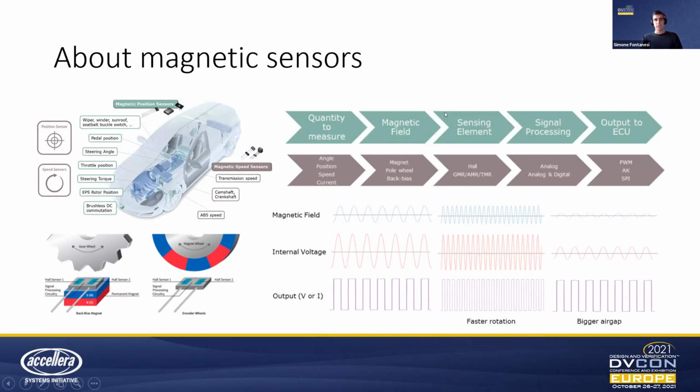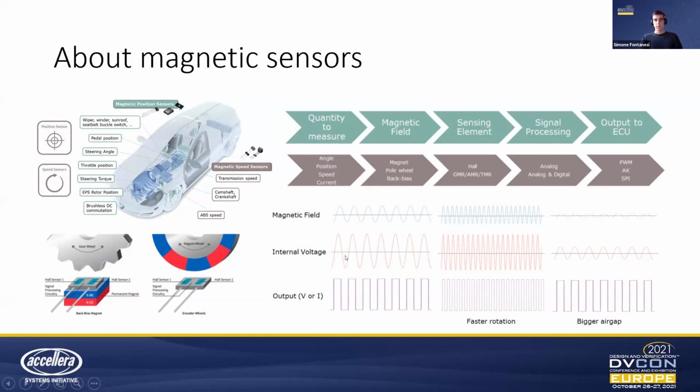And what our sensors are doing is to sense this magnetic field that is generated by the mechanical part that it's rotating or moving. And then we process this signal and provide the information to the microcontroller, to the ECU.